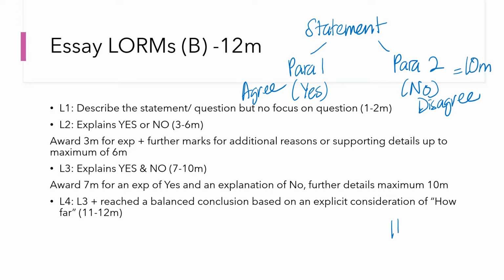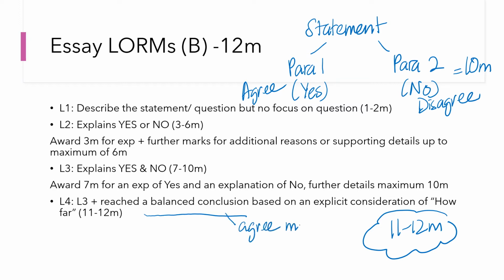Now, for you to get 11 to 12 marks is actually to argue your way or to decide what we call a balanced conclusion. A balanced conclusion would actually mean, for example, do you agree more or would you disagree more?